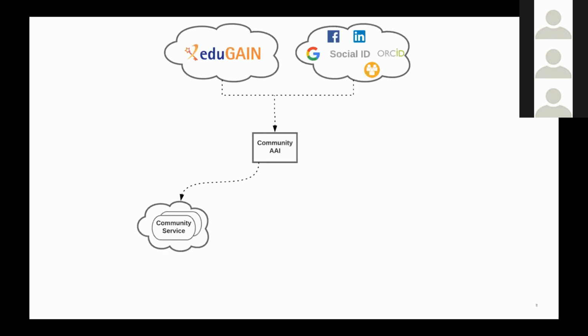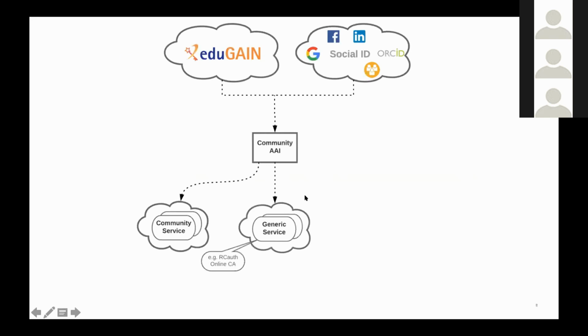Now, these community-specific services only need to connect to a single identity provider, which is the IdP proxy side of the community AAI. Now, apart from the community-specific services, there are generic services, for example, the AARC online CA, which serve the need of different communities, and therefore they need to be connected to more than one community AAI.